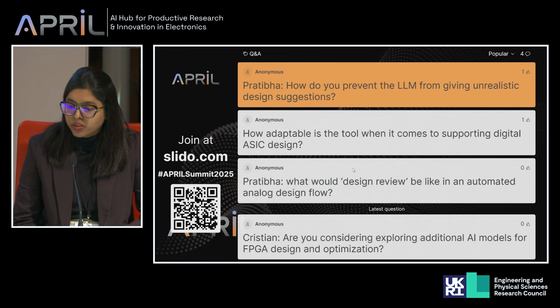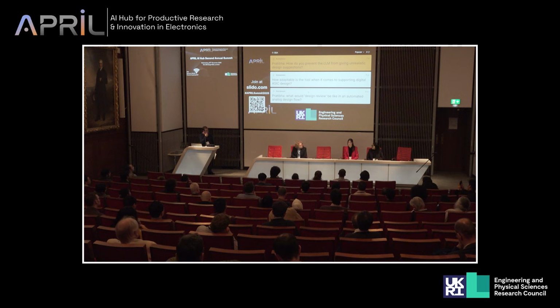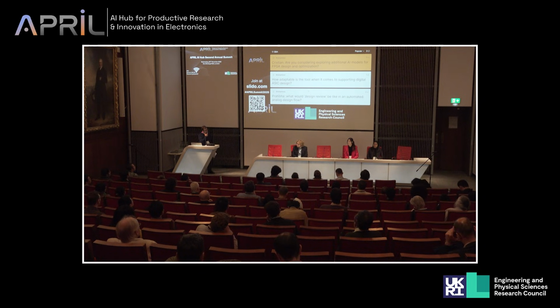And also the LLM is not handling the important physical parameters related to the device. It's just handling the width and length and some bias point related to the device. So it will be automatically rejected by the simulator. Okay, thanks.